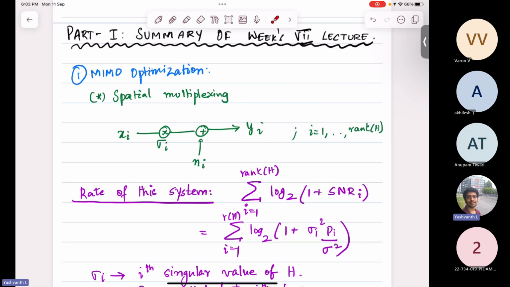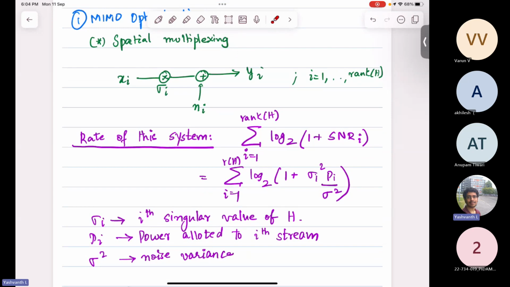So this is called spatial multiplexing, that is, you multiplex different information symbols over non-interfering independent channels. Note that these independent channels arise out of the spatial dimension. We have merely made use of the singular value decomposition of the matrix H in order to create rank of H number of independent streams.